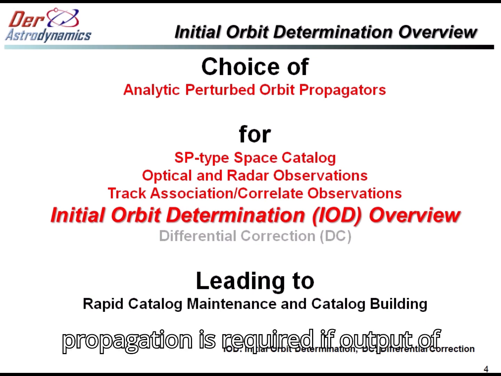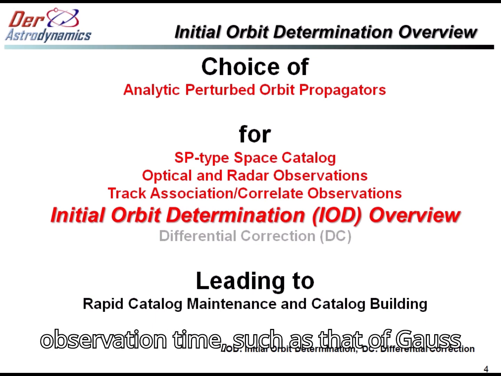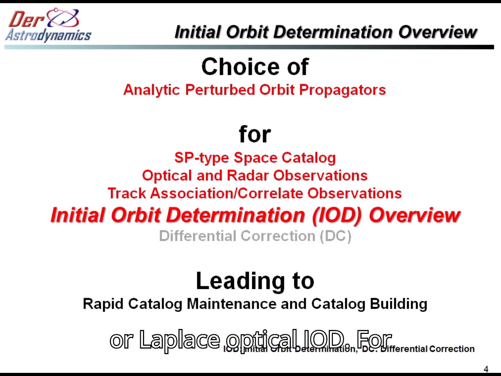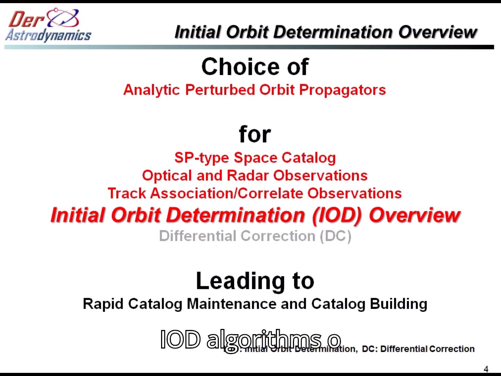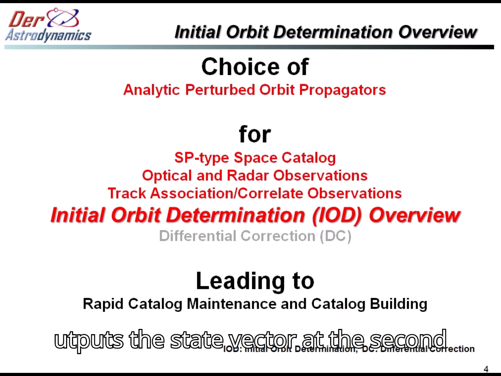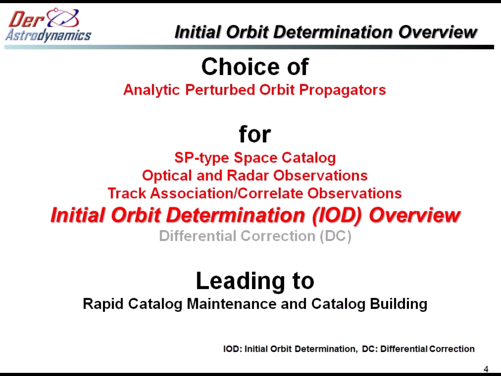Orbit propagation is required if the output of an IOD algorithm is at a different observation time, such as that of Gauss or Laplace optical IOD. For example, the Gauss and Laplace optical IOD algorithms output the state vector at the second of the 3 observation times. 4.